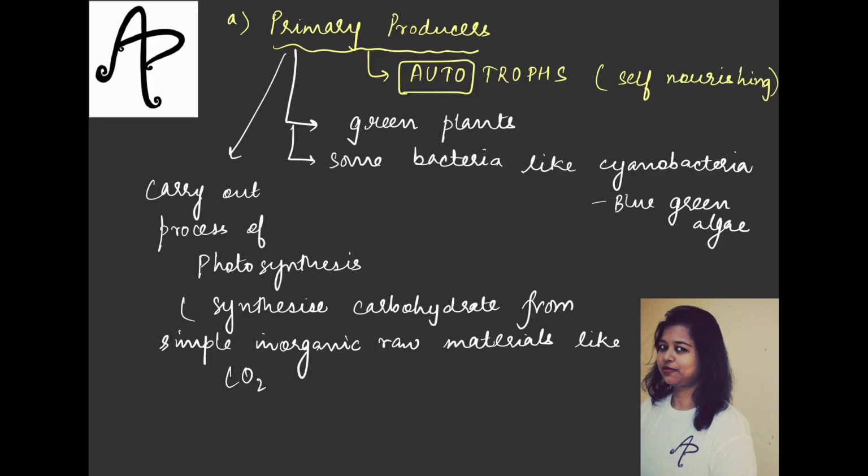For example, let's say inorganic raw materials like you have carbon dioxide, then you have water, and that happens in the presence of sunlight. So in that case they synthesize that carbohydrate in the presence of sunlight for themselves.